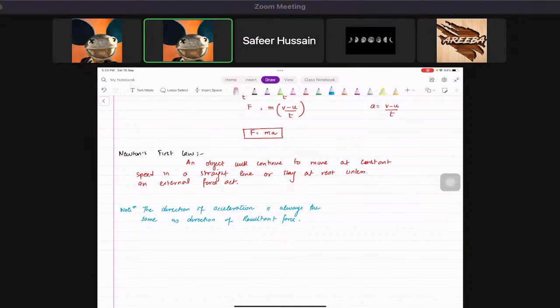Now, keeping that in mind, we just need to learn some of the rules, some of the diagrams which Newton's second law and the first law follow. So let's look at that.